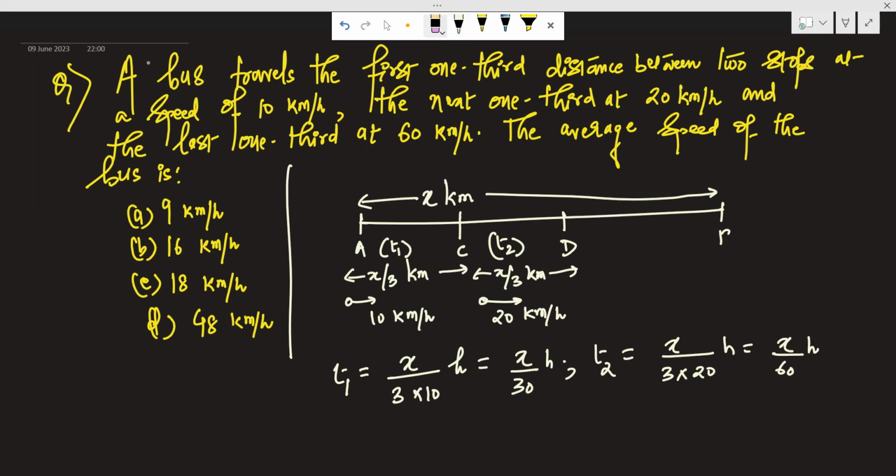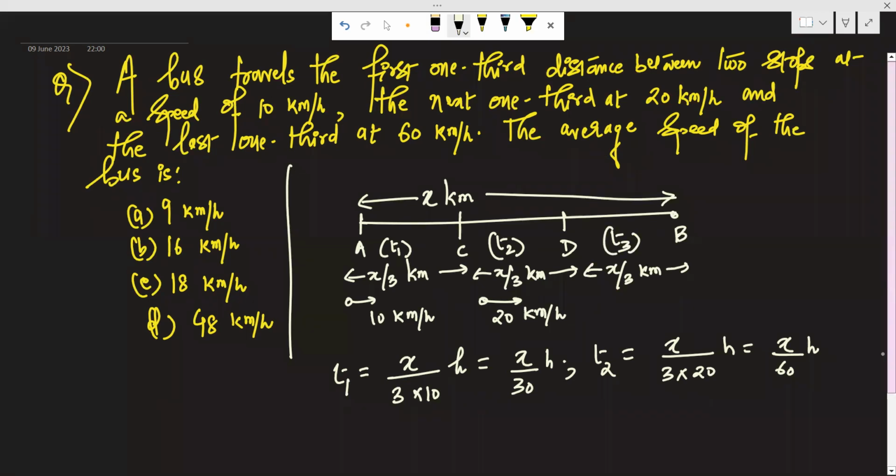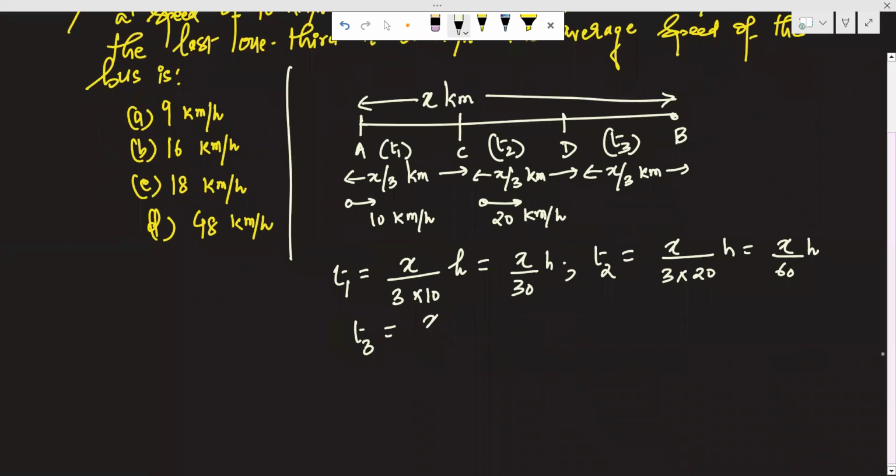And suppose the last one third distance, up to the point B, is also x by 3 kilometers. Suppose it took time t3. So t3 will be equal to the distance x by 3 and speed 60 kilometer per hour, so x by 3 into 60, that is x by 180 hour.